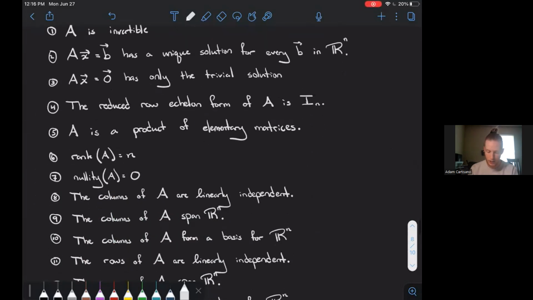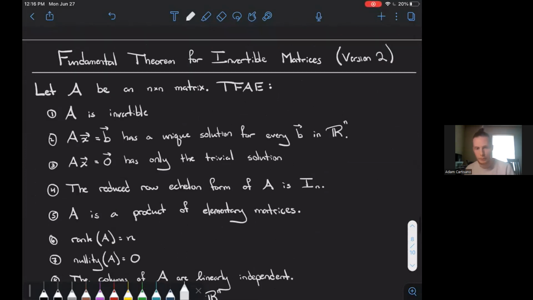Now, let me tell you, this is the fundamental theorem for invertible matrices. You will often hear an invertible matrix described as full rank. A full rank matrix is one where the rank is equal to n. And in fact, that's the very first new characterization. So this is the fundamental theorem for invertible matrices, version 2.